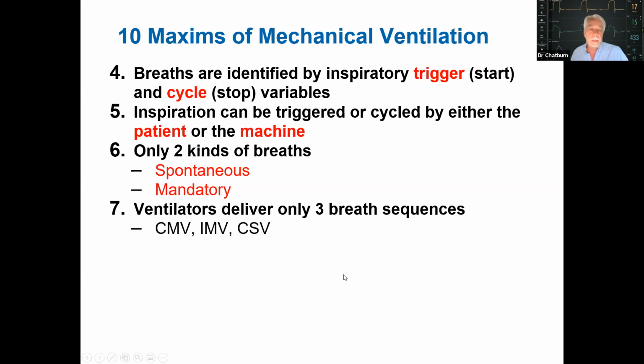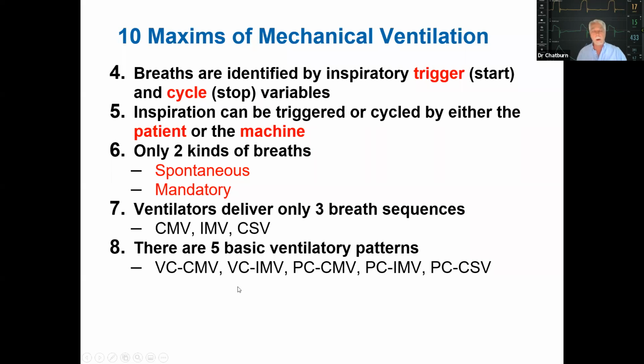And that helps us out further down the road, because now all modes of ventilation can be categorized in terms of three breath sequences. They can be all mandatory, which we call continuous mandatory ventilation, or all spontaneous, which we call continuous spontaneous ventilation, or of course there can be a mixture, which we call intermittent mandatory ventilation. I suppose we could have called it intermittent spontaneous ventilation, but for historical reasons, it's IMV.